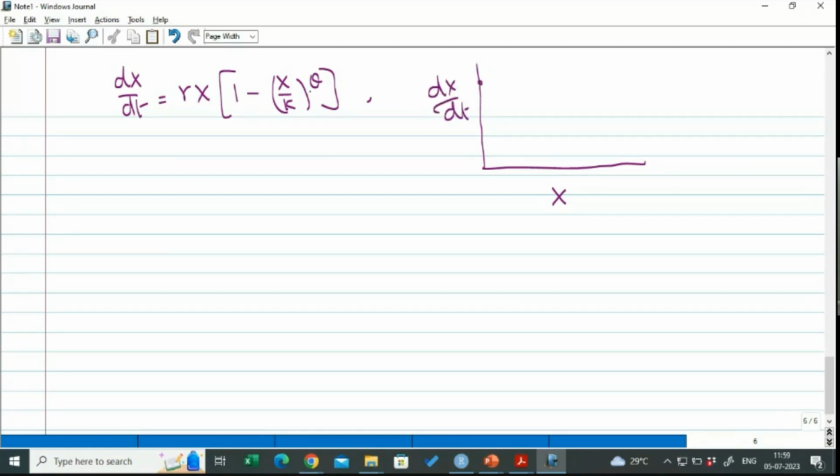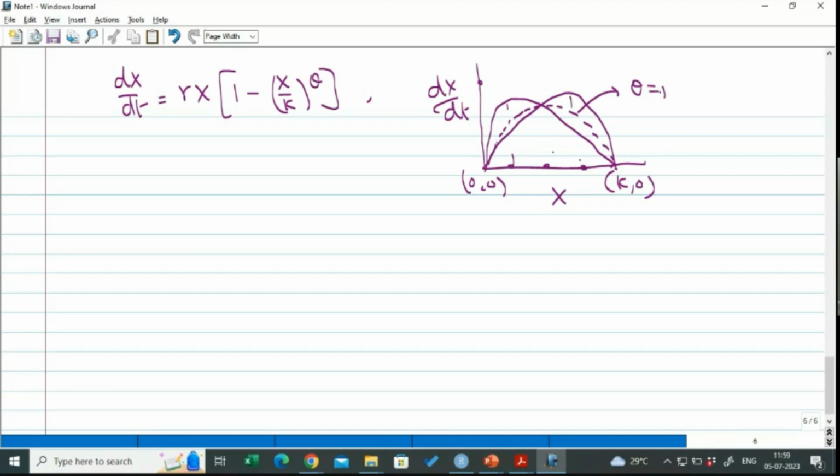So depending on theta, this is (0, 0), this is (K, 0). So depending on theta, this shape can be like this. This is when theta is equal to 1, right? Where the maximum is going to be here. So here can also be a maximum. So there are multiple possible maxima.